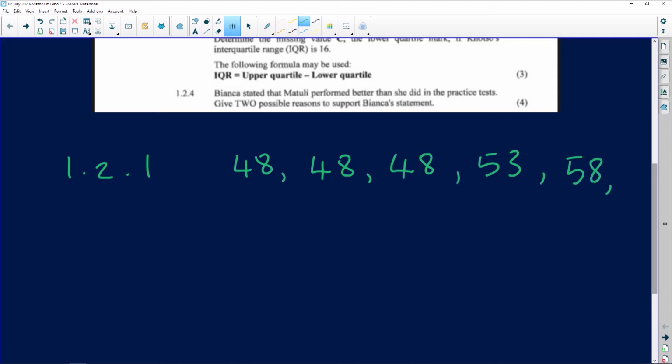And after 58, we have 60, 62. 62 is followed immediately by 70. Let's go see if I'm doing the right thing. After 70, we do have 72. Let's go see.